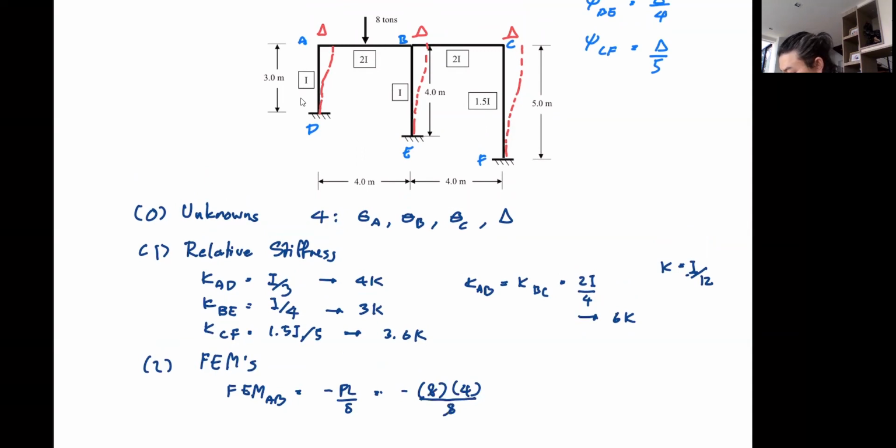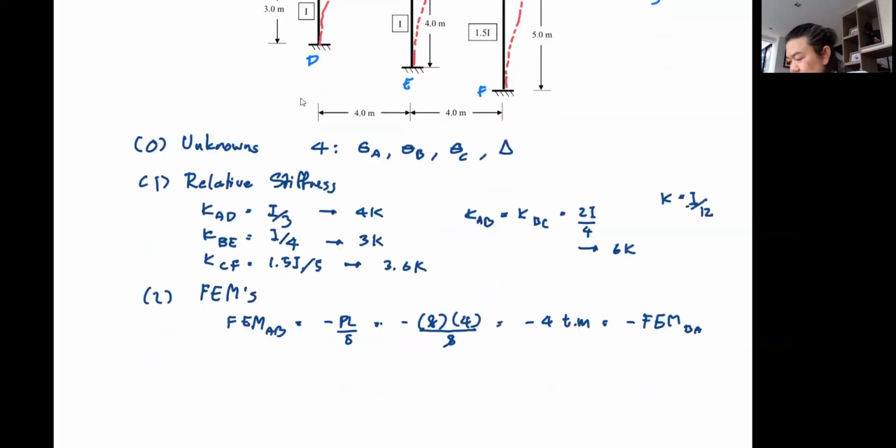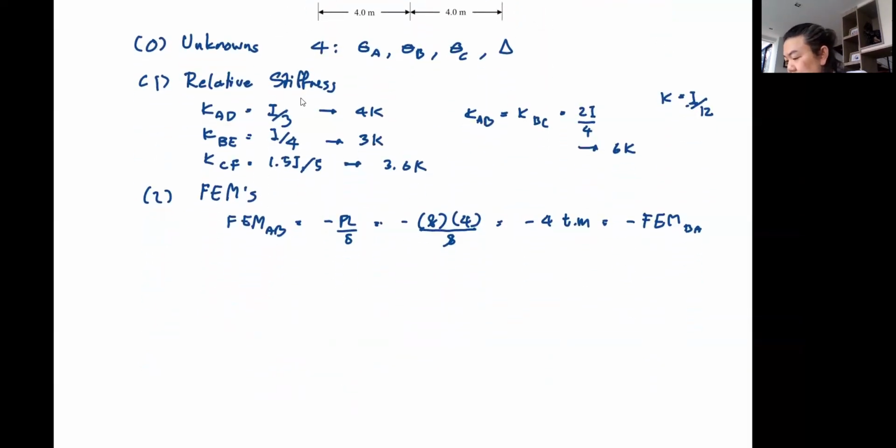So just like that, you have the moment minus 4 ton meter, and this is equal to minus FEMDA. Okay, so you see the most important thing is the identification of the unknowns and the relative stiffness and the load acting on your beam in terms of fixed end moment. Now they're done. And this is the basic stuff. It begins the real procedure here.